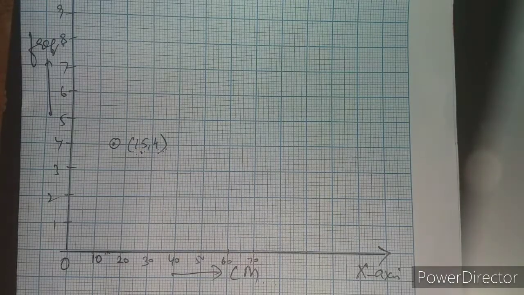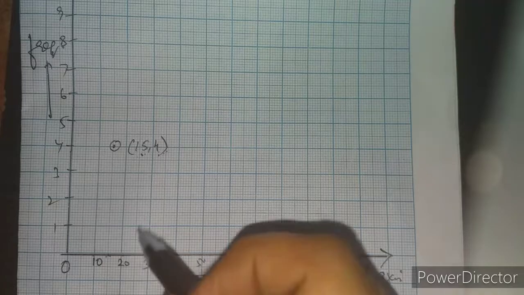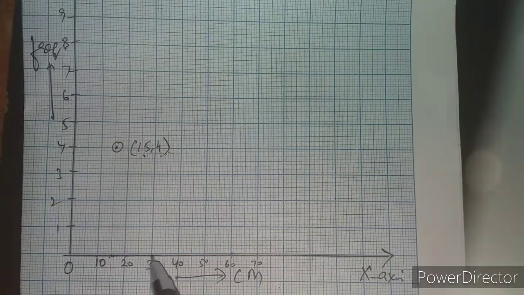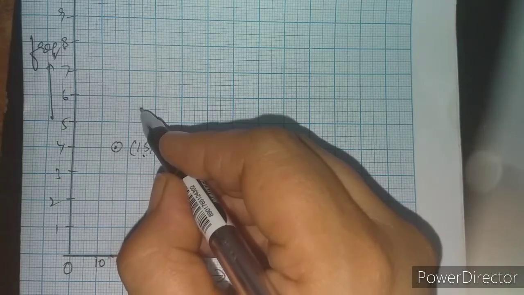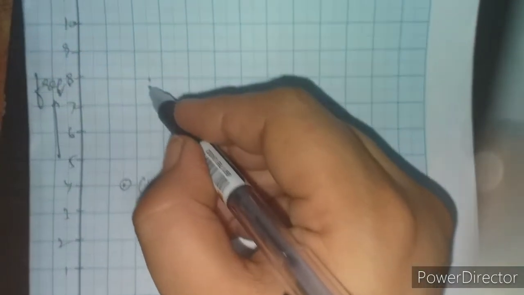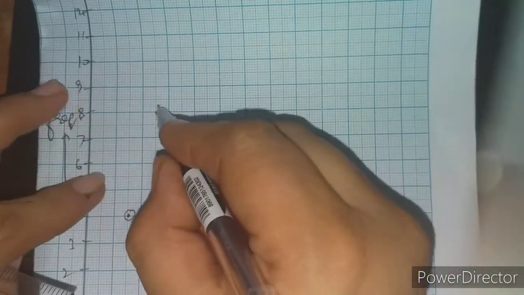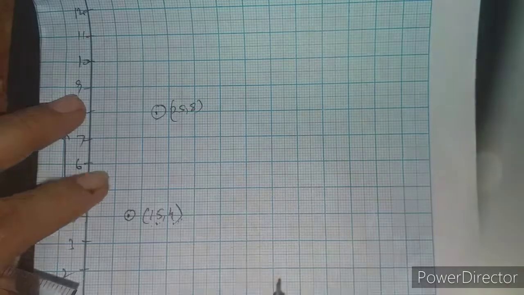Second thing to be plotted is, second one was 25 to be plotted against 8, right? So 25, now I will locate between 20 to 30. Here it will be 25, and 25 has to be plotted against 8. So here is that 25, 8. I will plot it like this, 25, 8.